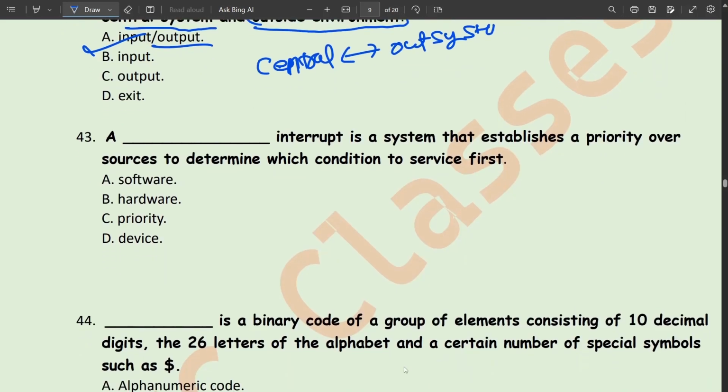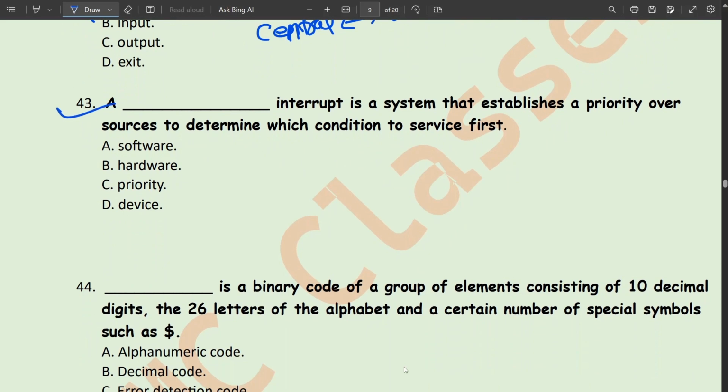Next, an interrupt is a system that establishes a priority over sources to determine which condition to service first. The answer will be priority. Option number C is correct. Priority determines which condition to serve first.